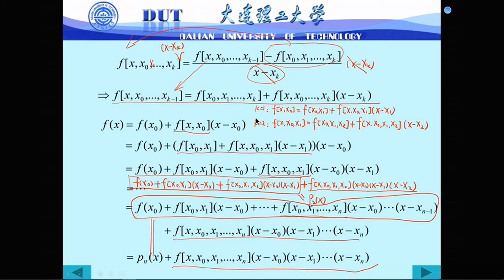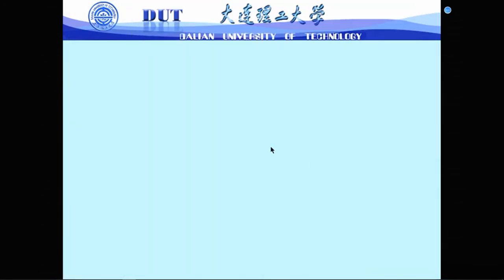So that means we just use the definition of the divided differences to obtain f(x) equal to the Newton polynomial Pn(x) plus this remainder term. So we obtain the remainder term in this form, okay? So Rn equals f(x) minus Pn(x), then it is just this remainder term.